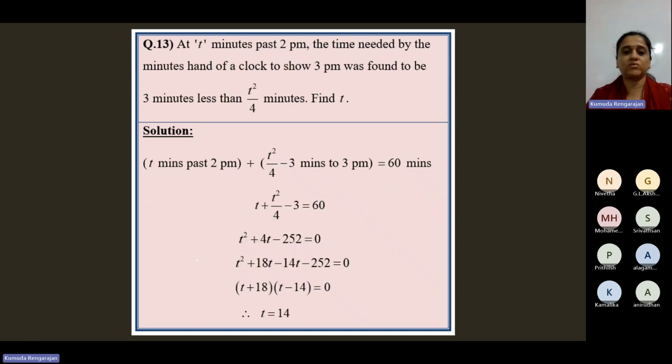Please work it out. I'll work it in detail here.